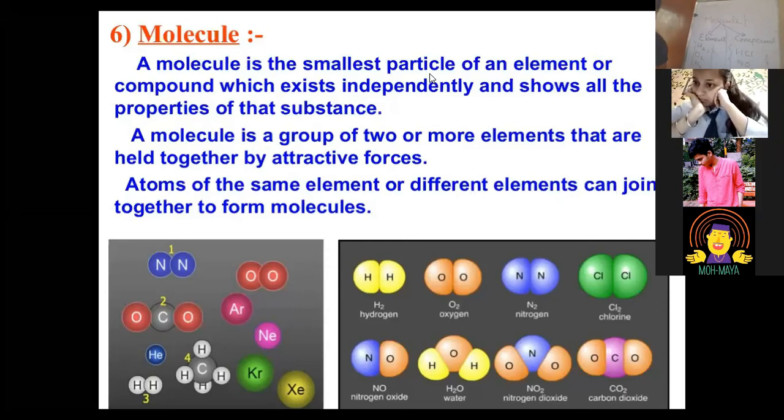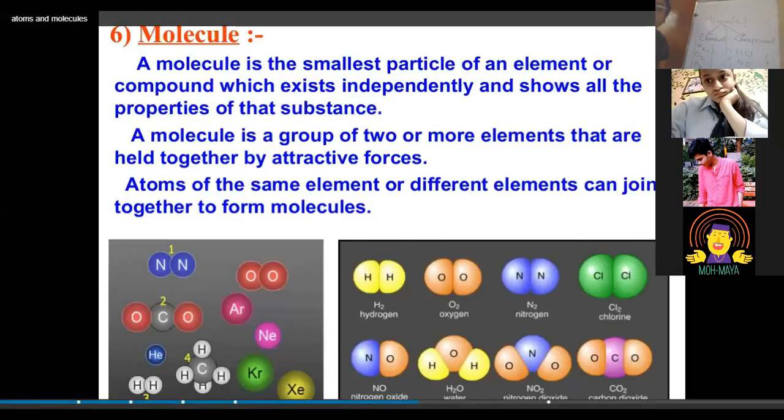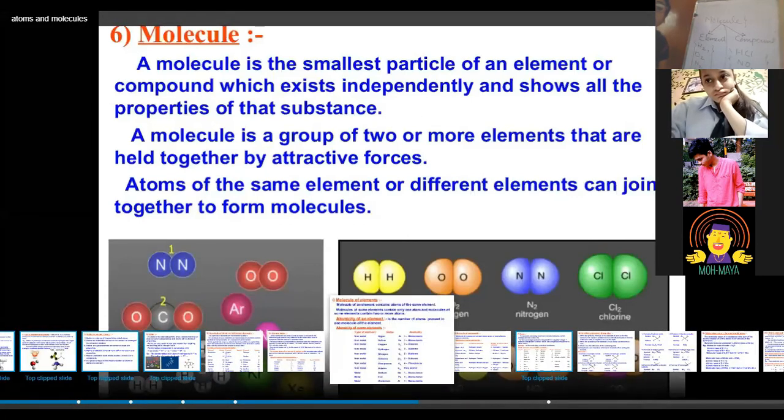These are atoms of different elements. Once they start sharing or donating to achieve stability, they form a molecule. What type of molecule will it be? They are called a molecule of a compound.